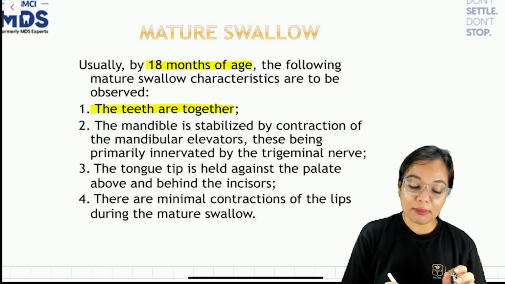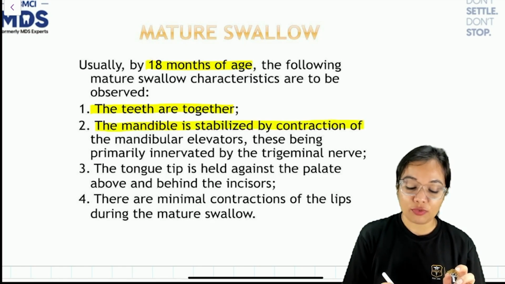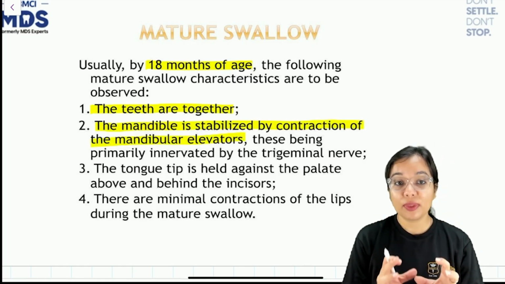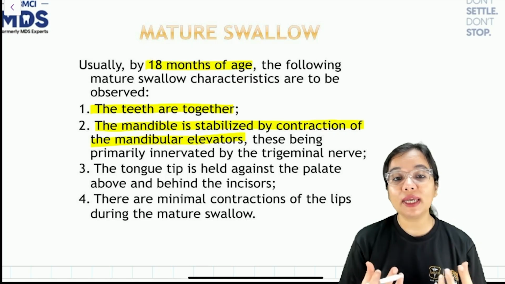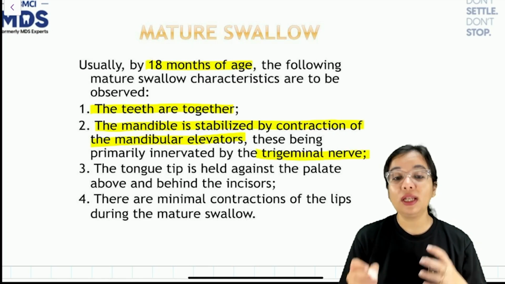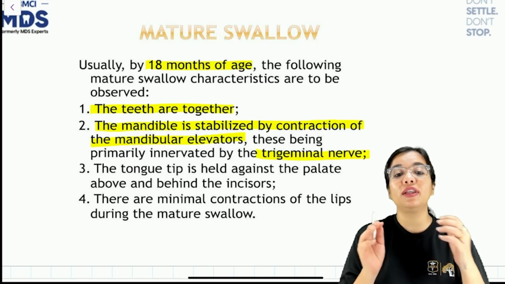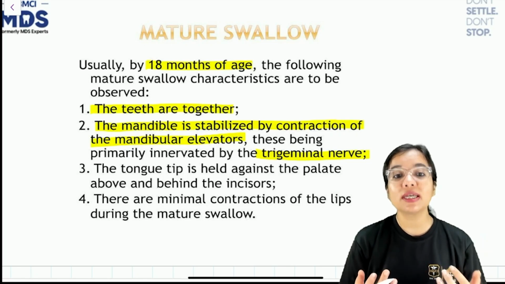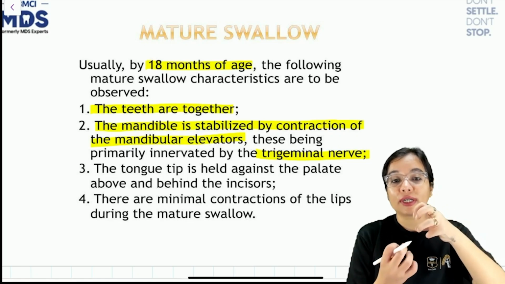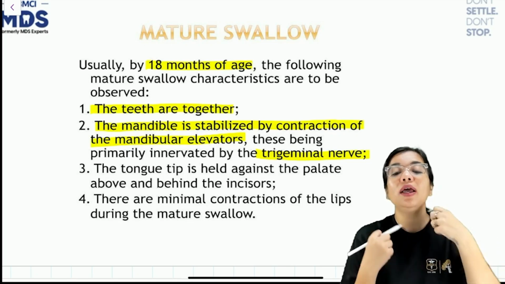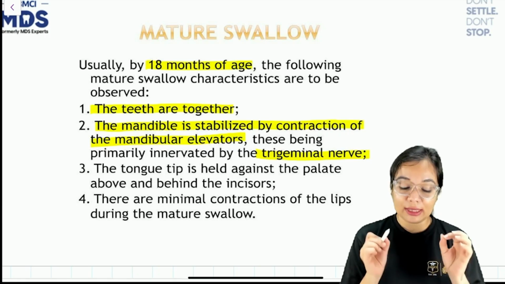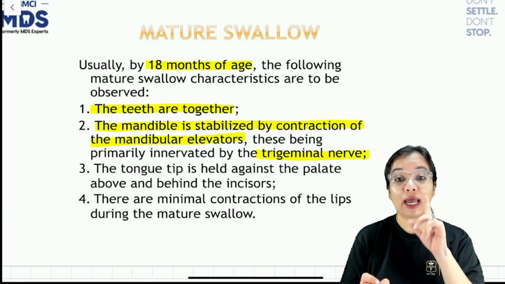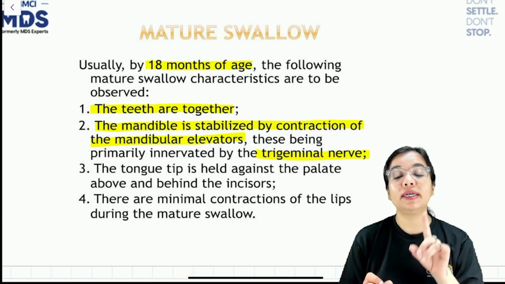The mandible is stabilized by contraction of the mandibular elevators, these being primarily innervated by the trigeminal nerve. So the trigeminal nerve innervates the mandibular elevators, and they contract to stabilize the mandible when you swallow. The tongue tip is held against the palate above and behind the incisors.